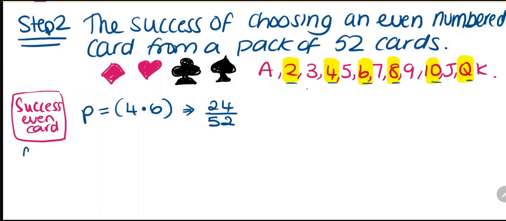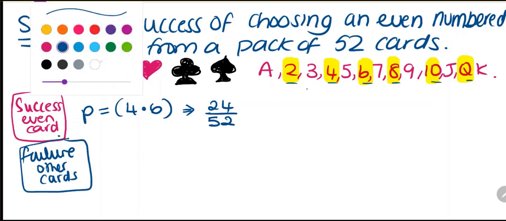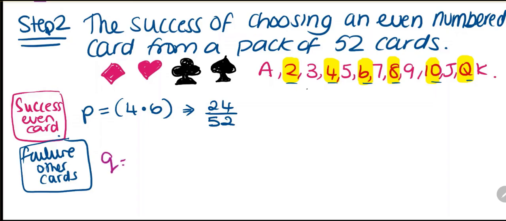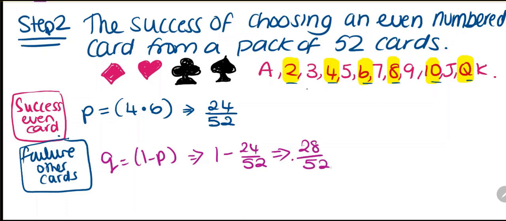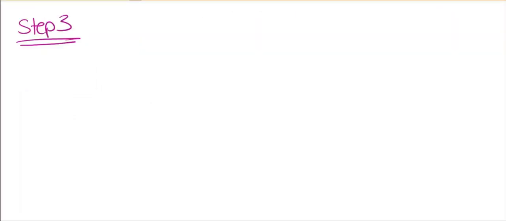So failure, that's going to be getting the other cards or odd cards. So this is going to be q, which is 1 minus p. So 1 minus 24 over 52 is going to give us 28 over 52. Now, we're going to do 52 trials, so we're just going to leave it as 52.